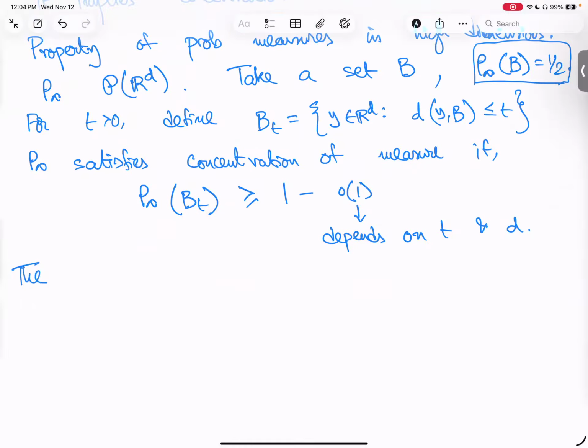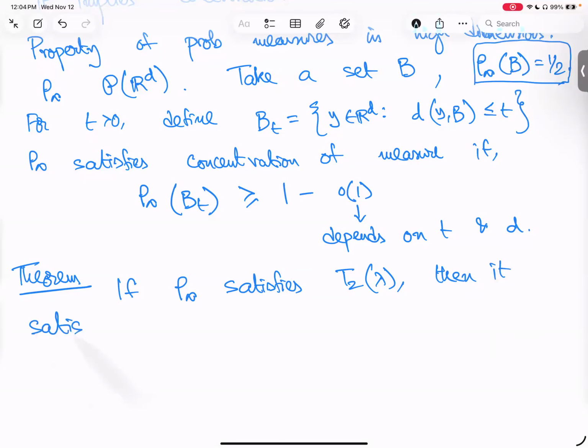So the theorem is, if rho infinity satisfies T2 of lambda, then it satisfies concentration of measure. And I'll write down a precise statement of what I mean by concentration of measure. Give me a moment. But let me write down this argument.